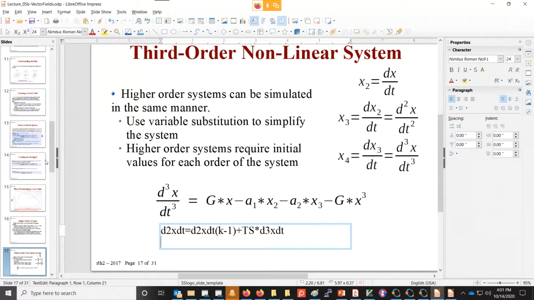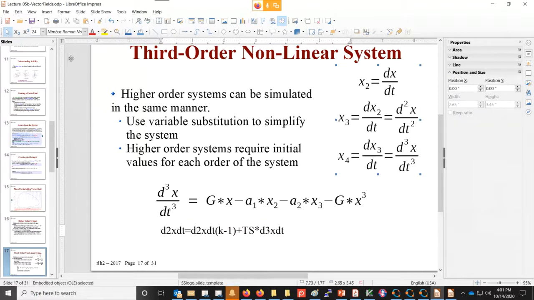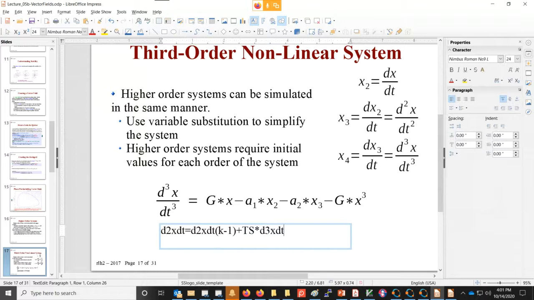And all I'm doing up here in the right-hand corner is doing a variable substitution. You don't have to do the variable substitution, but sometimes it makes it a little easier to follow once you do the substitution.